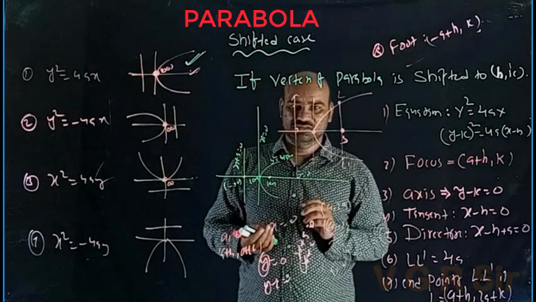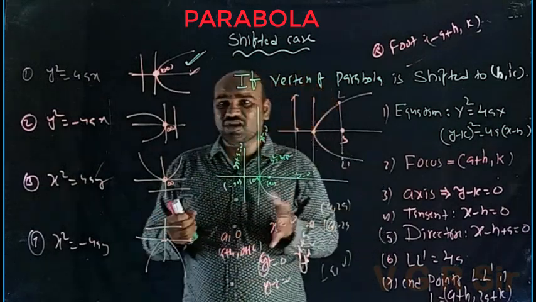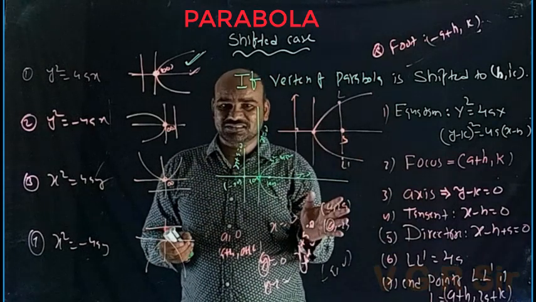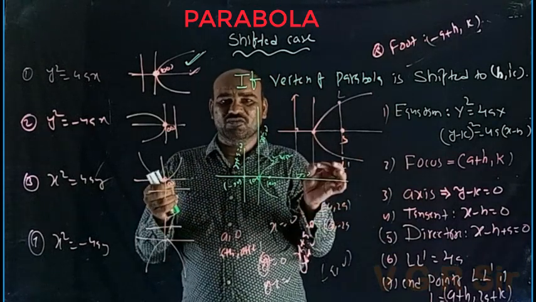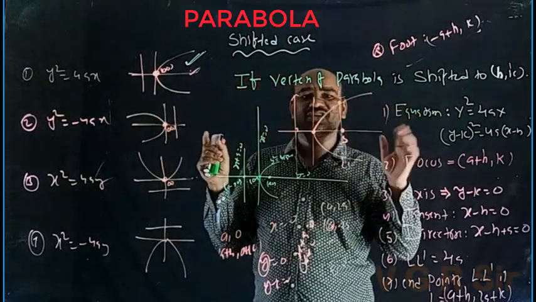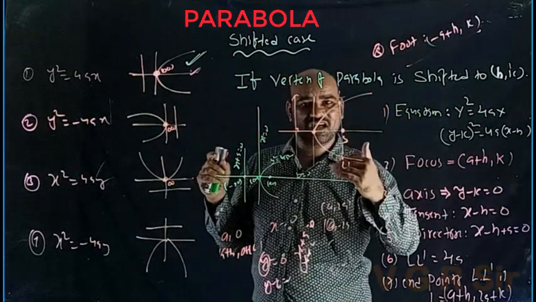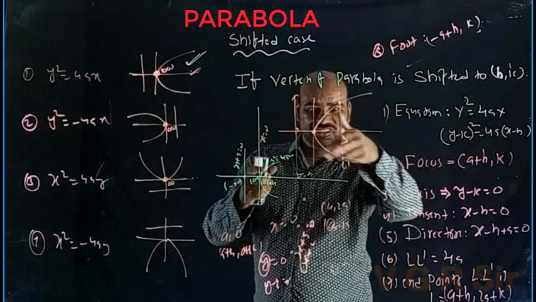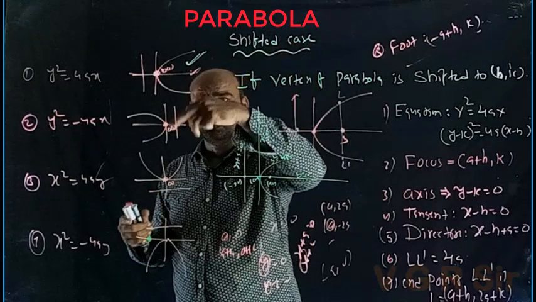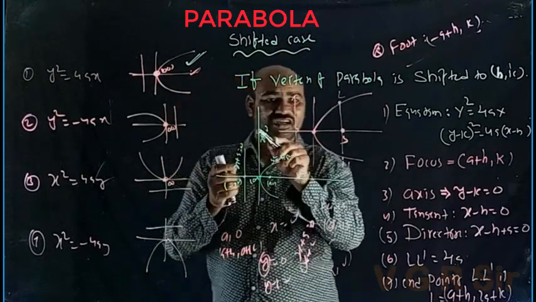Important note. What is our case? For all the 4 plus 4, for all 8 cases, your axis is parallel to one of the axes. Means the axis is parallel to the x-axis or parallel to the y-axis. Here see, in this situation, if these two are shifted to some h comma k, for these two situations, this is the axis.